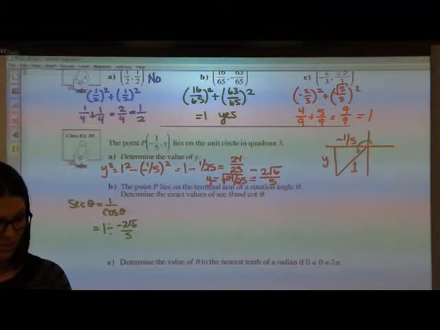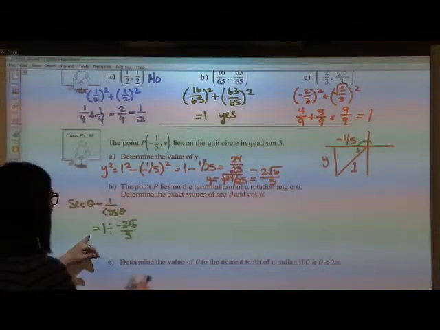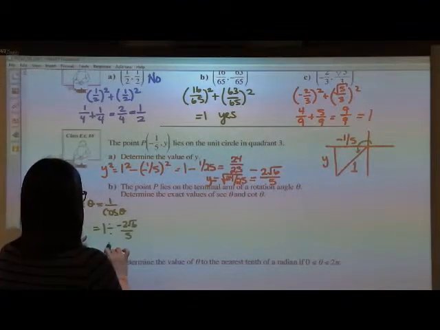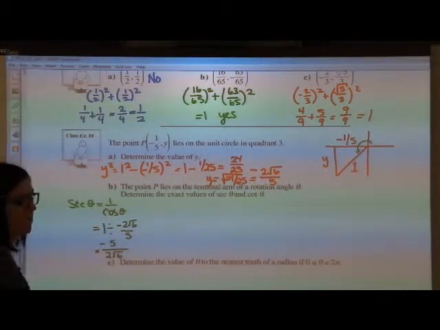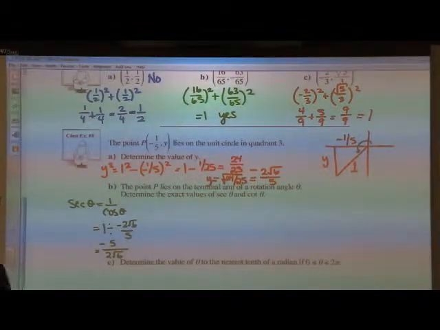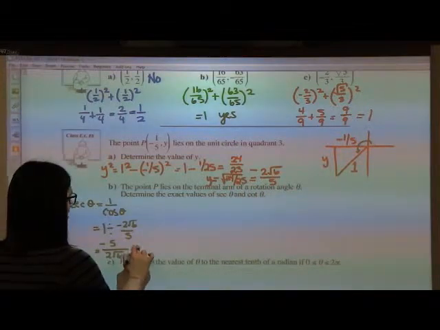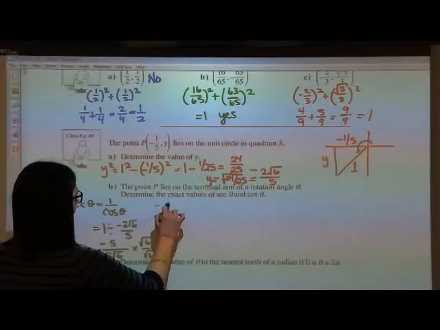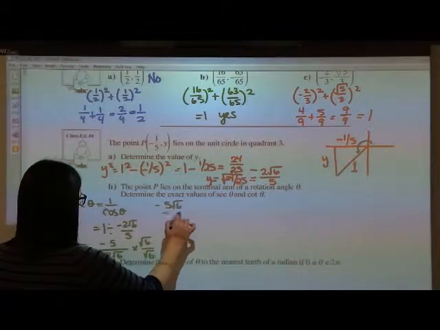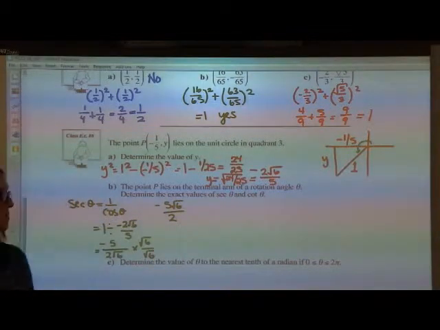So when I go to divide that, I'm going to get -5 over 2√6. I could leave it like this, or I could rationalize the denominator, multiply top and bottom by √6, and I would get -5√6 over 2.